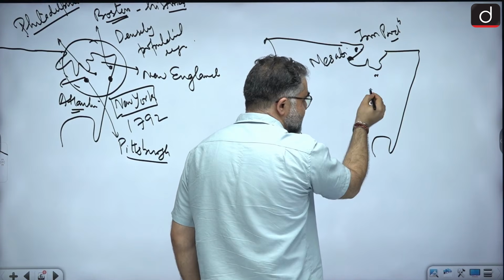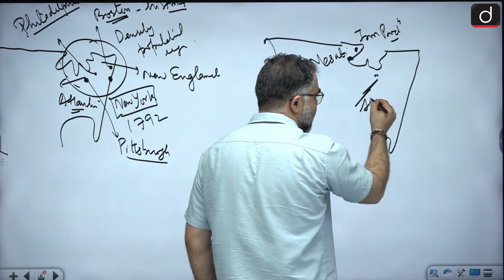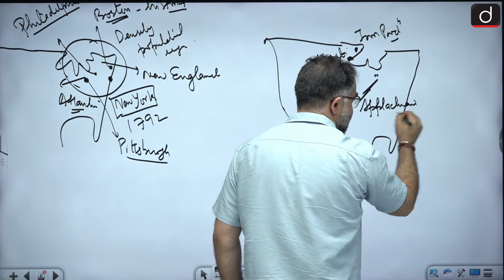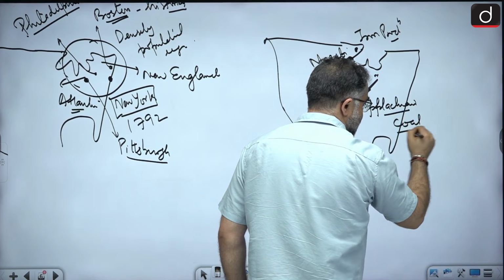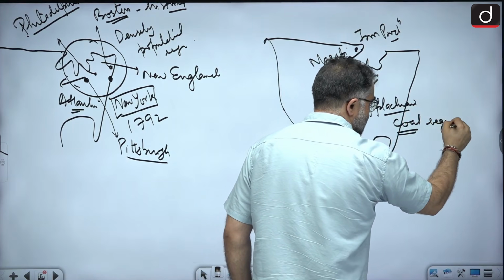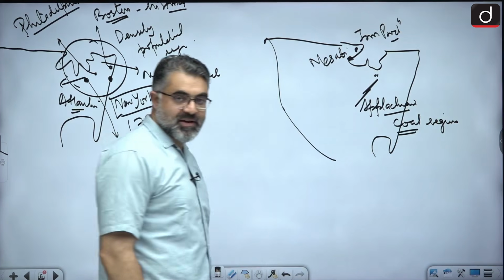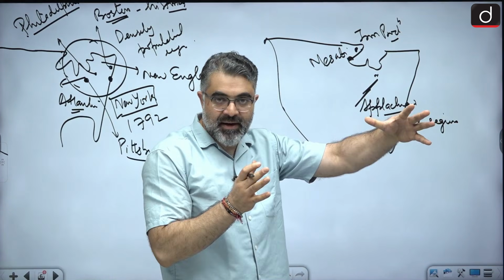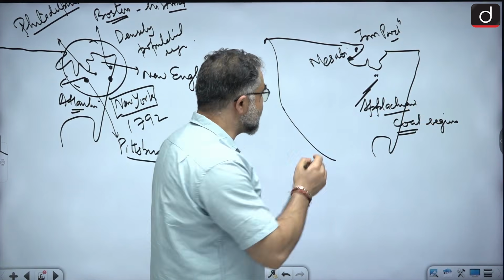All right. If it is an iron producing center, western part, Mesabi and Vermilion, very close to the region are the Appalachian coal fields. In the previous discussion, we had mentioned Appalachian being one of the regions of coal production. It's a coal region. Now we can see a sort of triangle developing here. What is it?